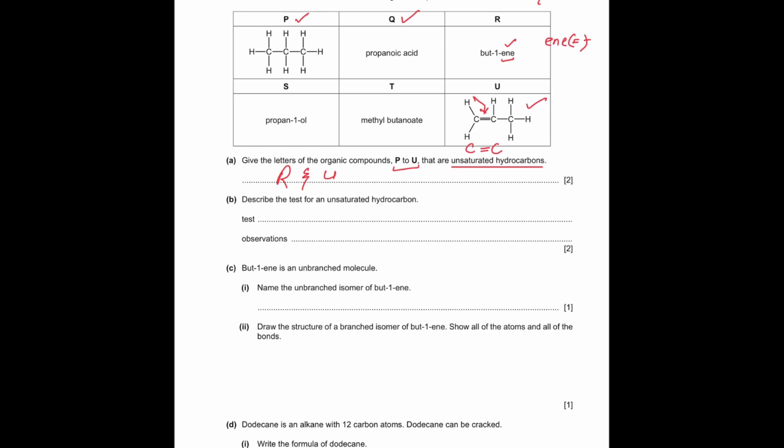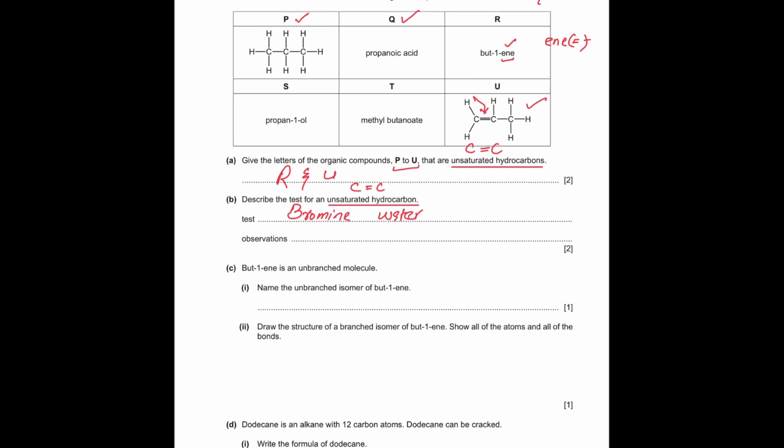Now it's part B. Describe the test for unsaturated hydrocarbon. Unsaturated means we are going to check whether the given substance is singly bonded or double bonded. For checking this, we can use bromine. Bromine, that is the single test in your syllabus. You must memorize this.